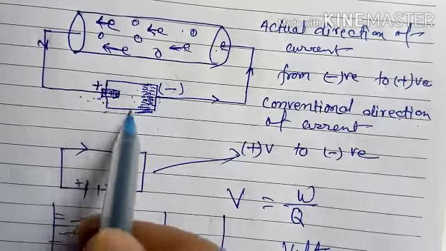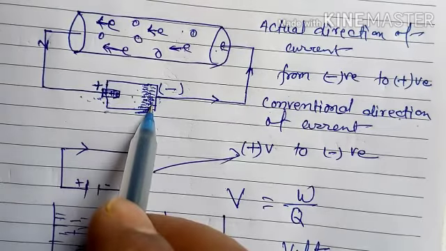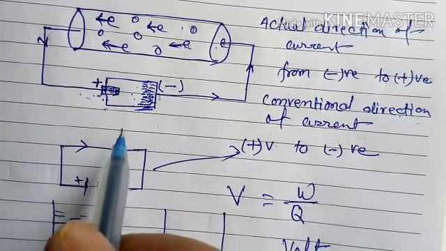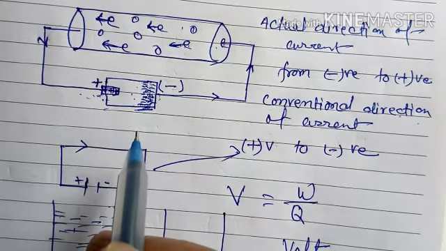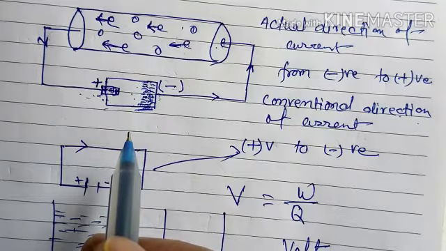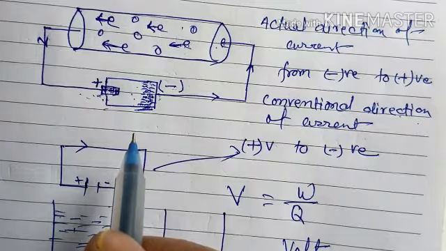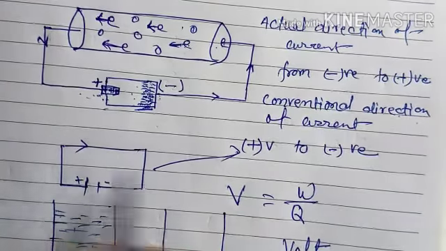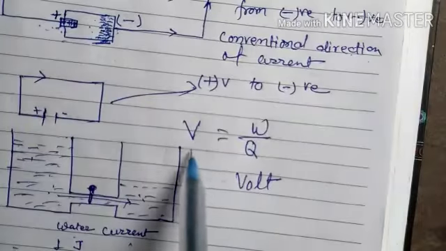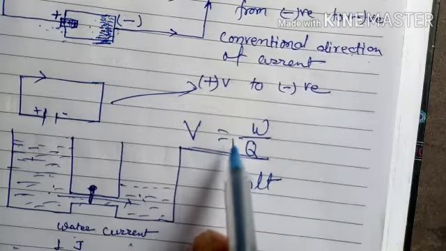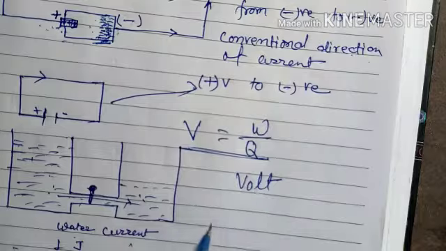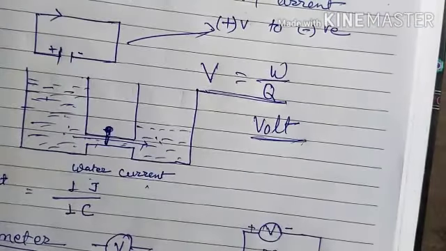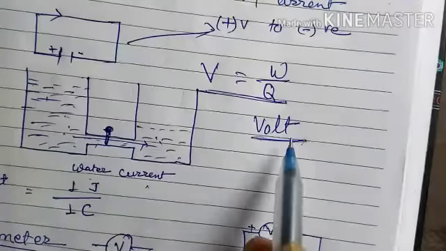The potential difference between 2 points in an electric circuit is defined as the amount of work done in moving a unit charge from one point to the other point, and its formula is also the same, that is V is equal to W by Q, and its unit is volt.